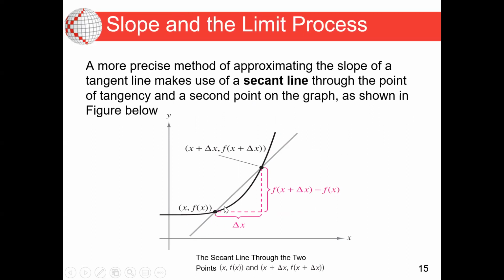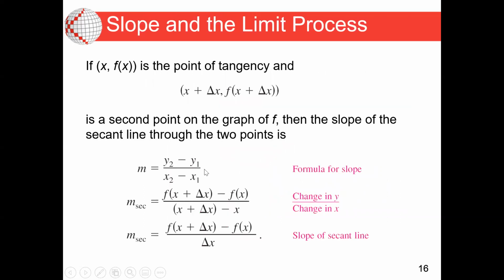Then we draw our secant line and it touches at x and f(x), and also at x plus dx and f(x plus dx), because the difference of one point to the other here is dx. So that's why to the x, we add dx to it. Then the second vertical also goes up, and it will be f(x plus dx). Now with this concept, we can find the slope formula.